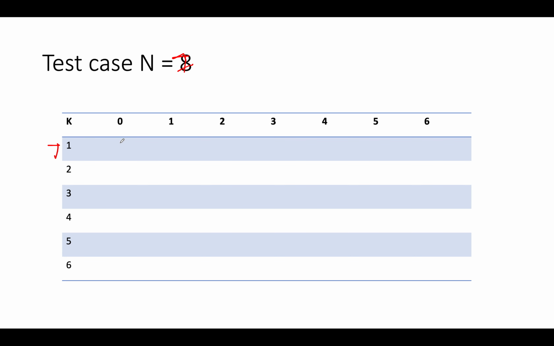So let's put values here: 1, 2, 3, 4, 5, 6 and 7. So the base case is pretty simple. You don't need to actually do anything when k equals 1, because an increasing order sequence can give you the desired result. So let's talk about the case where we have k equals 2.